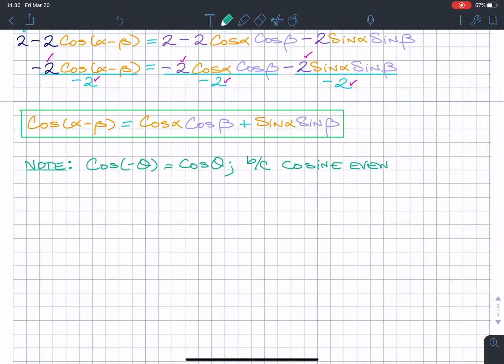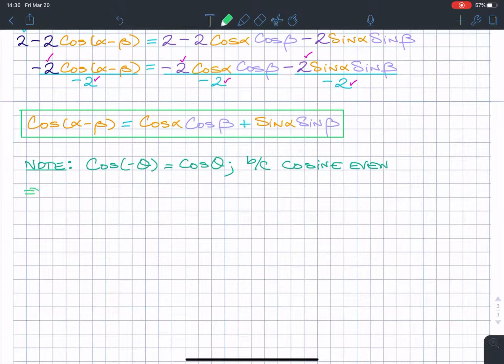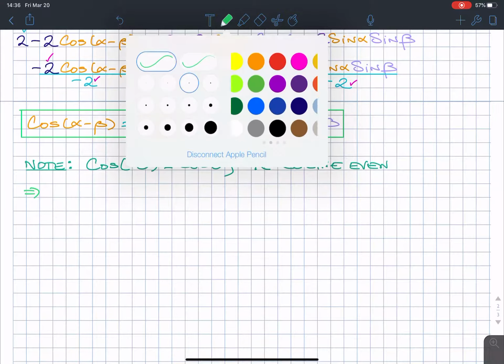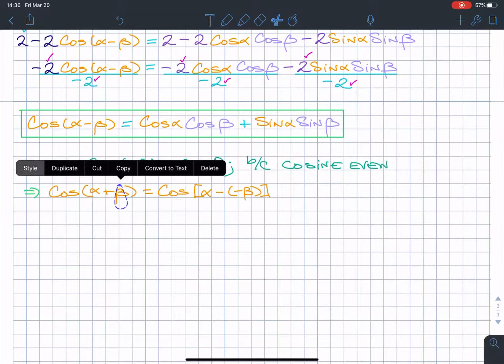This would imply that I could write cosine of alpha plus beta as cosine of alpha minus negative beta. Agreed? And actually, let me color code these so I see what's going on.